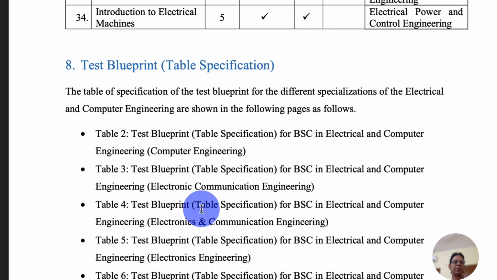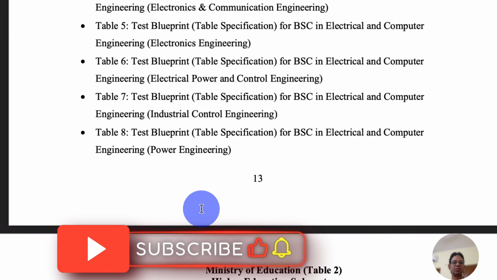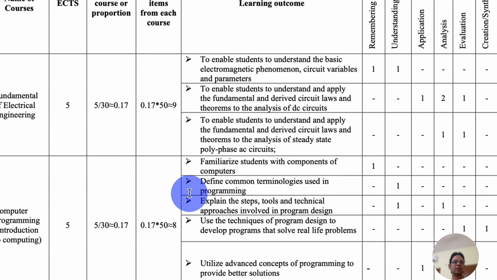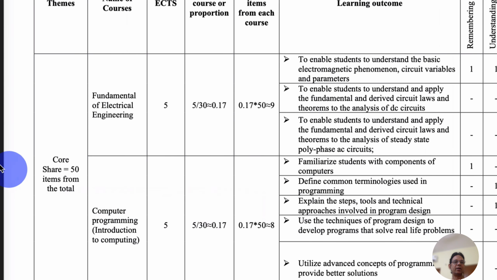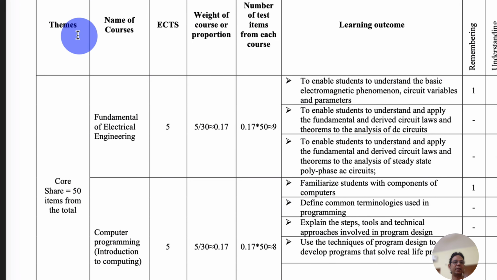Now the next table is the test blueprint table. The specific test blueprint is just a sample of test pages for different tables. This is the test blueprint about the subject, which students can have. This shows the theme area, the number of courses, the weightage of the courses, how much proportion each will cover, and the number of test items from each course. Here the number of test items is 9 from this specific course.